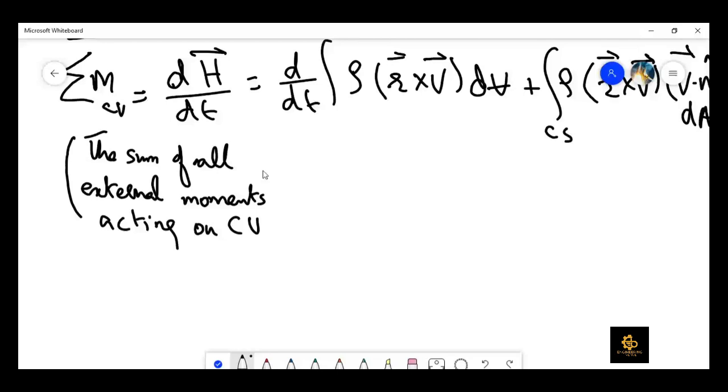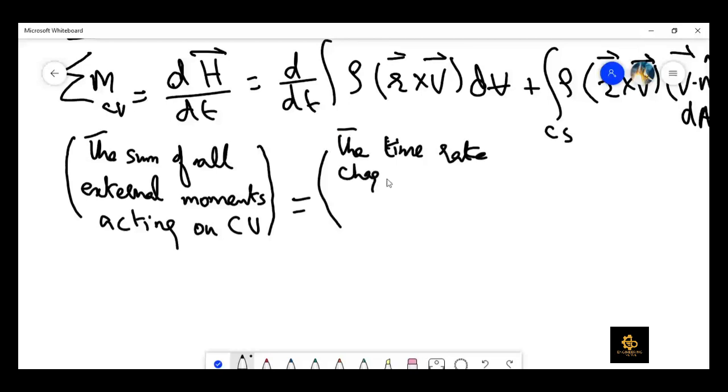And on the right hand side we have got two terms. The first term is the time rate of change of the angular momentum of the contents of the control volume we are talking about.